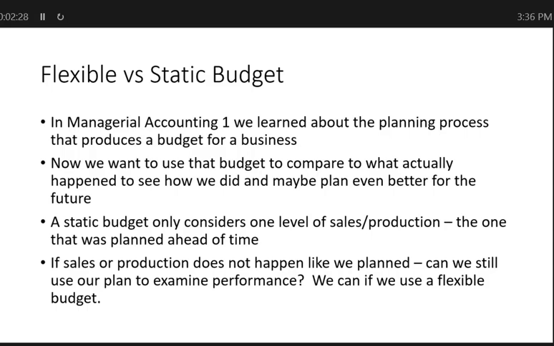And so rather than just throwing out the budget, meaning, well, we didn't hit our goal in sales, so therefore we can't really use any of the other costs as part of our evaluation, we're going to introduce the idea of a flexible budget, one that can be adapted regardless of what our sales or production levels are.